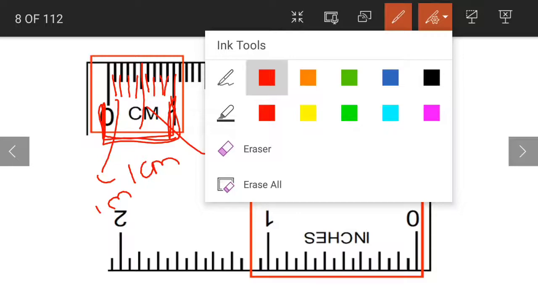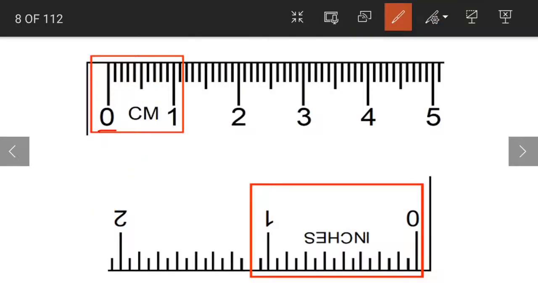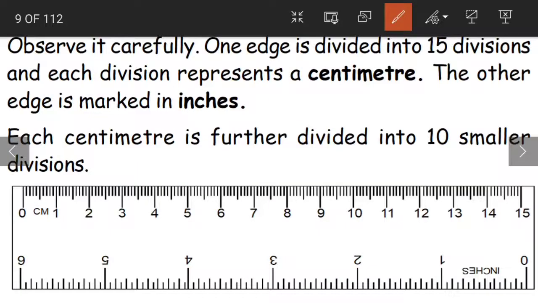Okay children, understood? We have both centimeters and inches on a ruler. We normally use centimeters. Each centimeter is divided into 10 equal parts and each equal part is nothing but our millimeter.